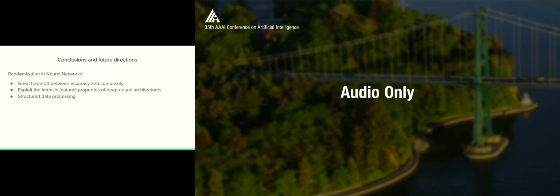In future work, for example, we could investigate hybrid models. Fully trainable and fully randomized networks, as we have said during the tutorial, are two extremes of a wide range of architectures. So there's a continuum of models that only today is starting to be explored, and I think this is a good direction to pursue. For example, these deep randomized models could exploit adaptation, perhaps in an unsupervised fashion.